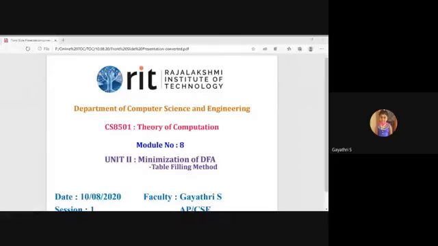Regular expression to finite automata has only one case, that is regular expression to epsilon NFA. These things we covered in the last session. In this session, let us see minimization of DFA using the table filling method.